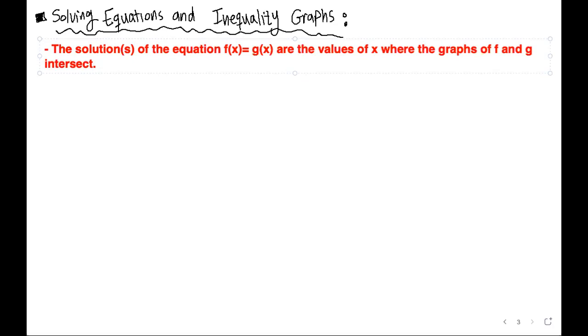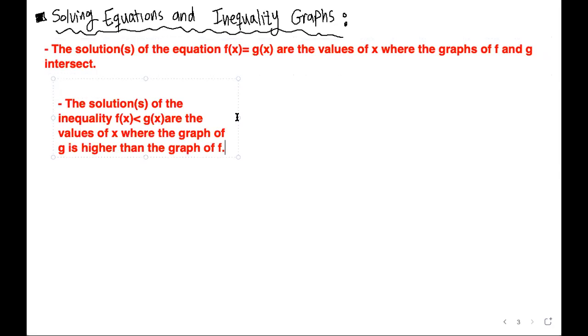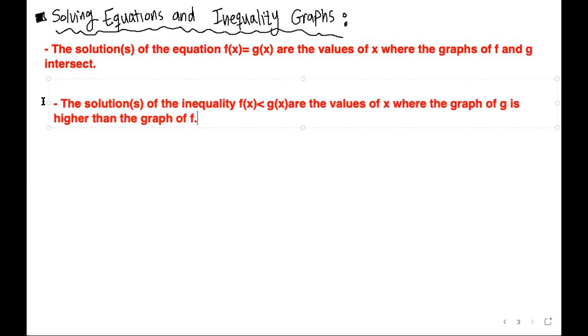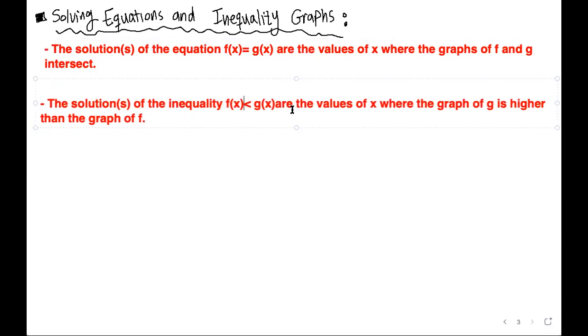It says the solutions, the same as for the equation, of the inequality f of x less than g of x are the values of x where the graph of g is higher than the graph of f.